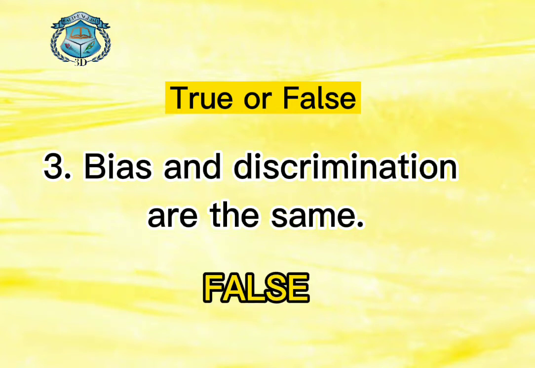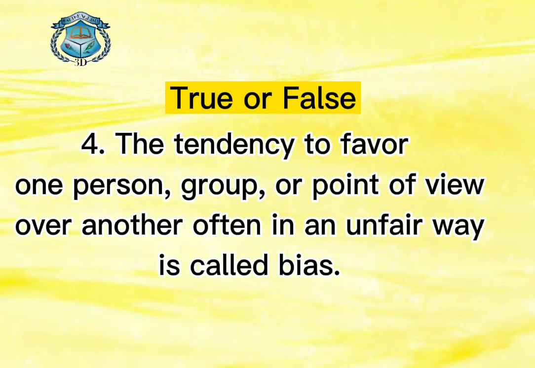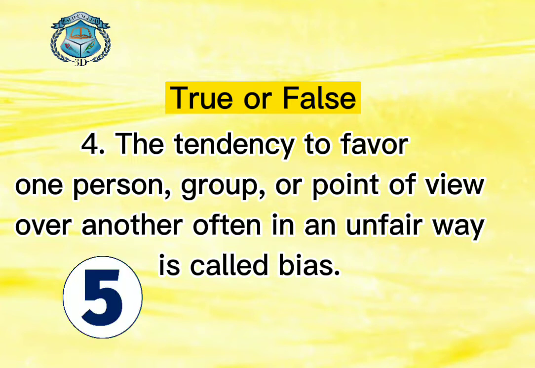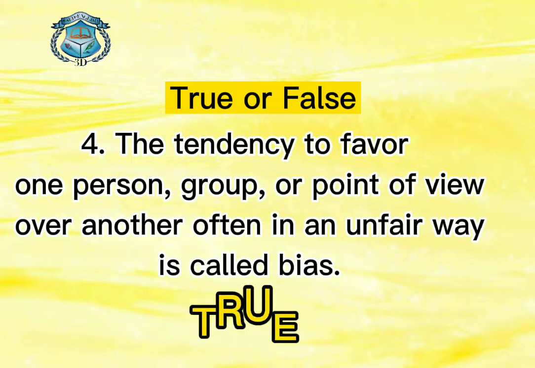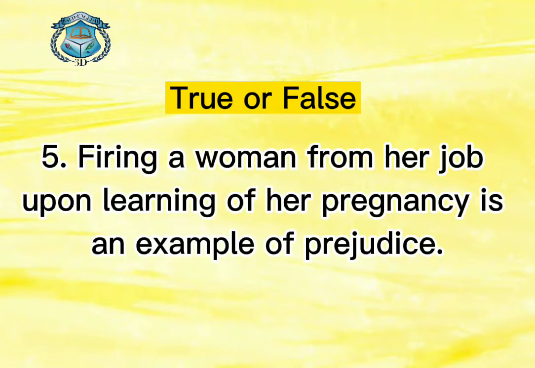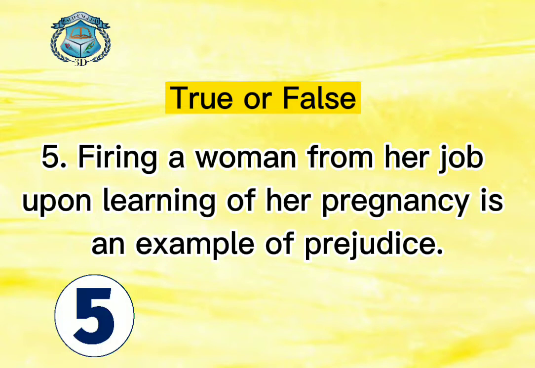Very good. Number 4. The tendency to favor one person, group, or point of view over another, often in an unfair way, is called bias. The answer is true. You're right. Number 5. Firing a woman from her job upon learning of her pregnancy is an example of prejudice.